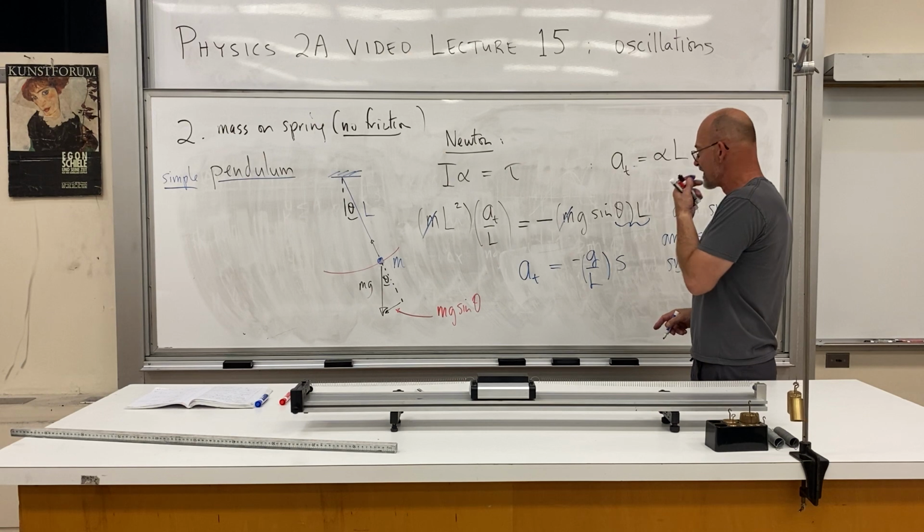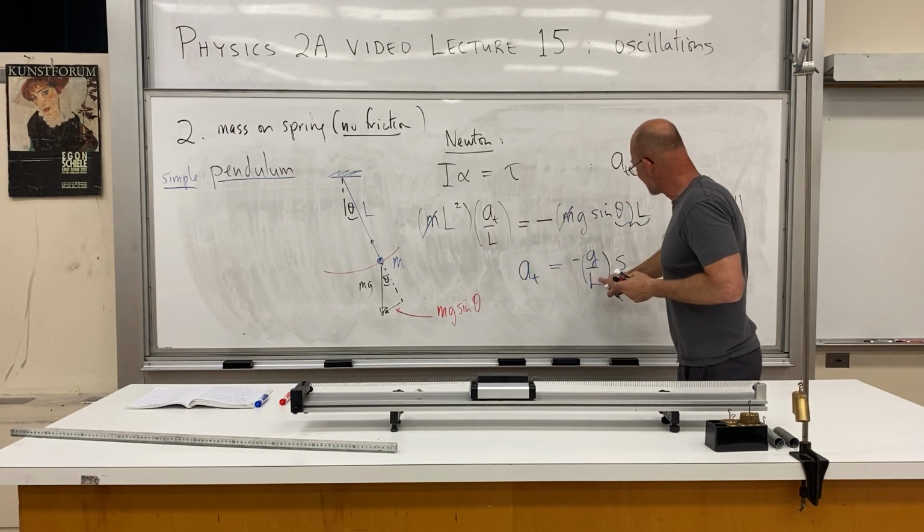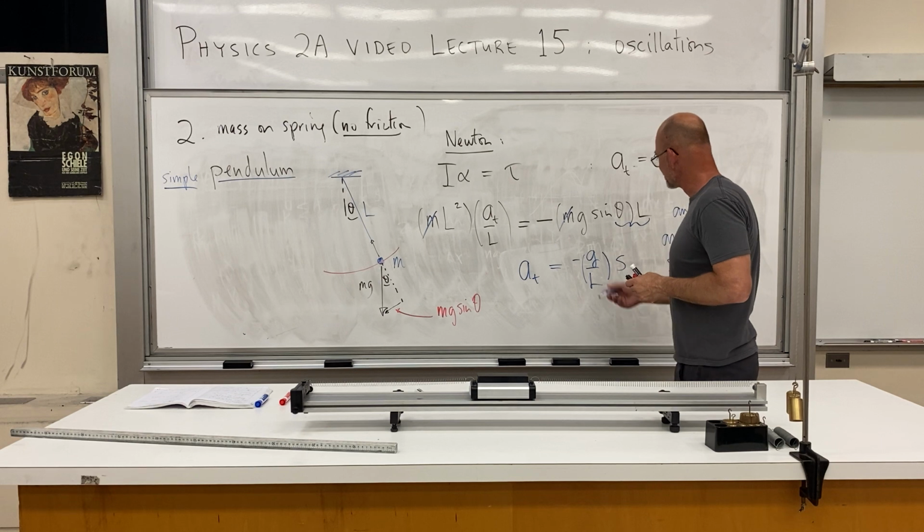The m's cancel. We've got an extra L left over here. Divide under there. A tangential equals g over L times S.